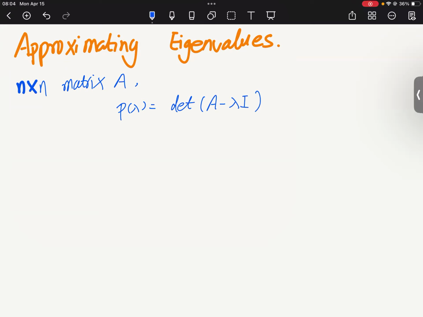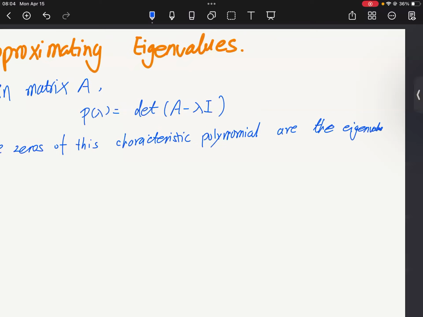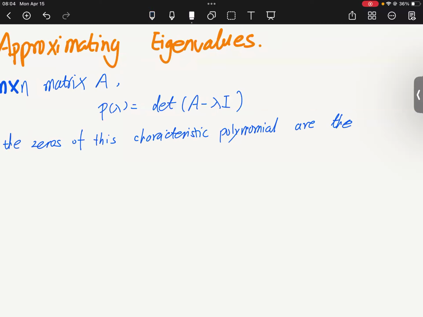And if we find all the zeros of this characteristic polynomial, those zeros are the eigenvalues, and that's the definition of the eigenvalues.